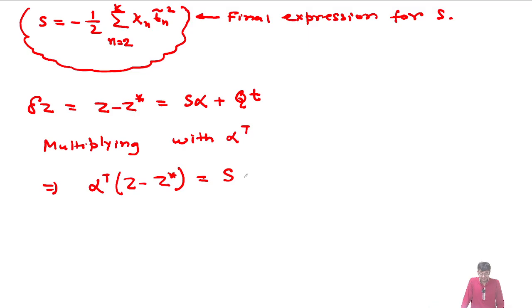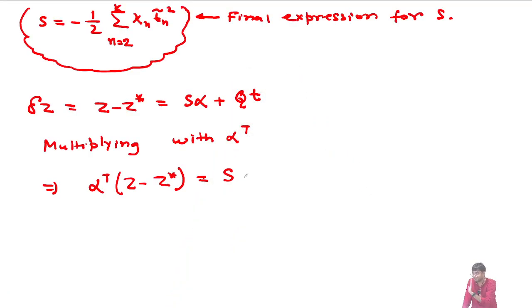So can you tell me what is alpha transpose z? What is z, first of all? It's a vector, a generic vector. What is alpha transpose z, or alpha dot z?